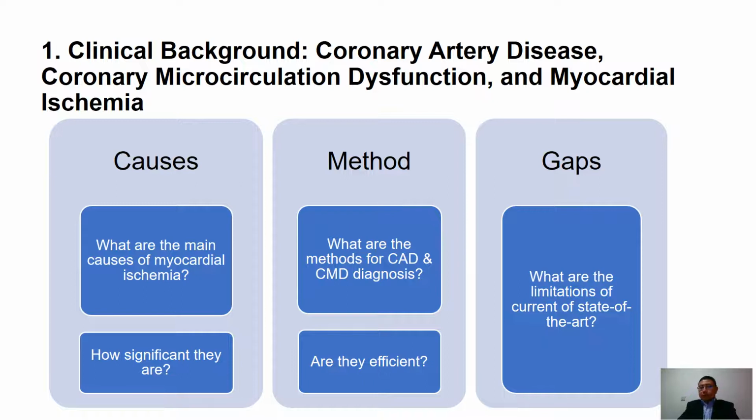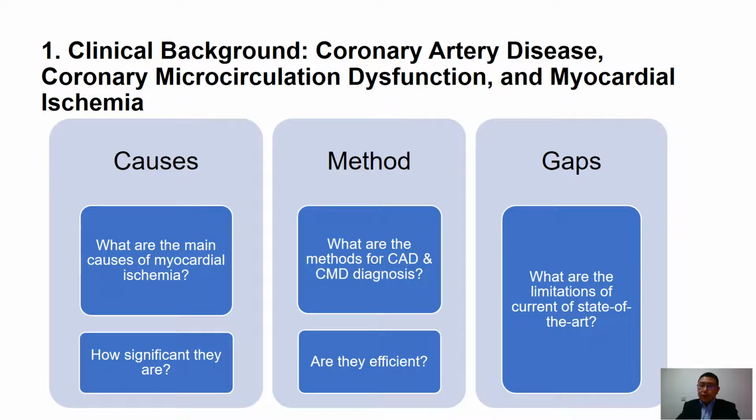So, myocardial ischemia is a common disease and can lead to severe clinical events, including acute myocardial infarction and death. Before we dive into myocardial ischemia, let's think about some basic questions. What are the main causes of myocardial ischemia? What roles do they play in the development of myocardial ischemia?